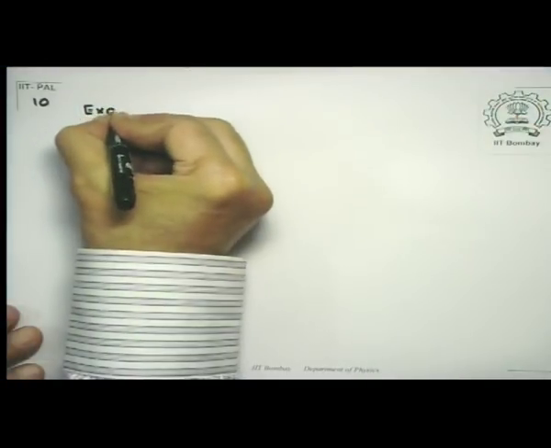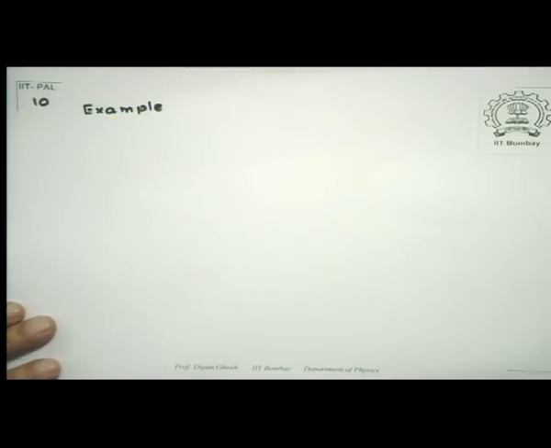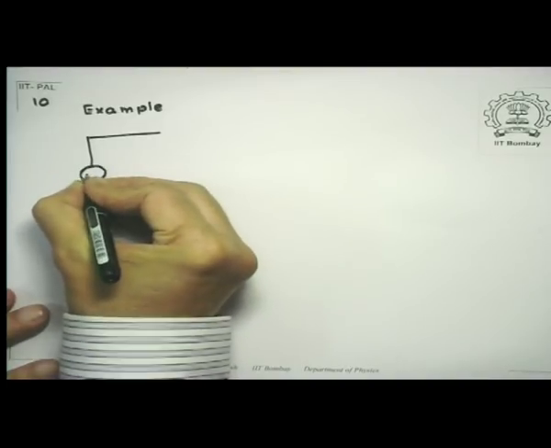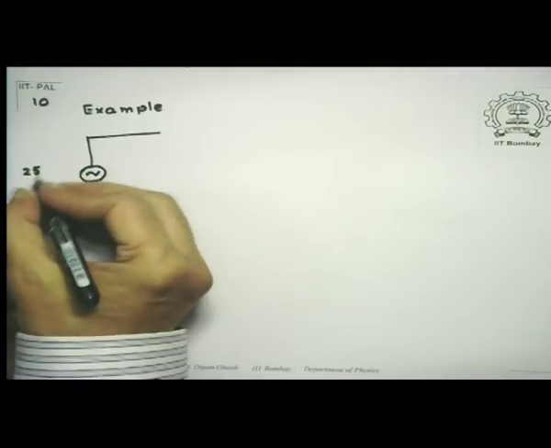Let me take an example very similar to what we did some time back for the inductive circuit. In fact, we'll take essentially the same example, but with a slightly different set of numbers. So what we said here is this, that I have a voltage source which is giving me maximum 25 volts.